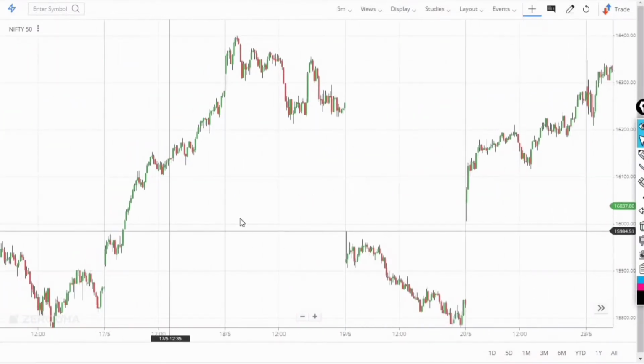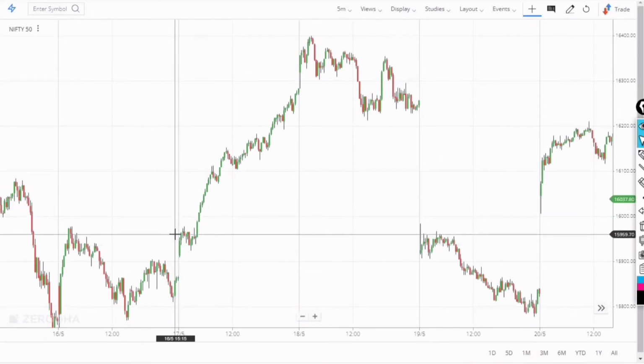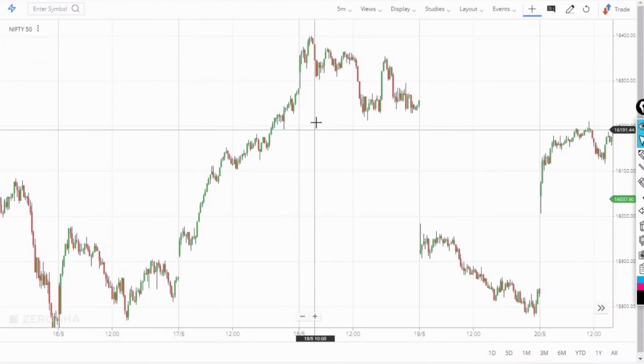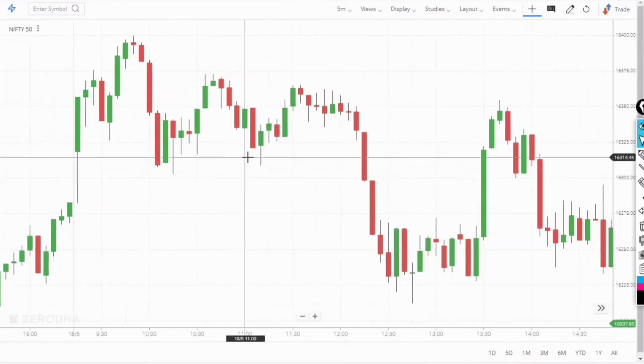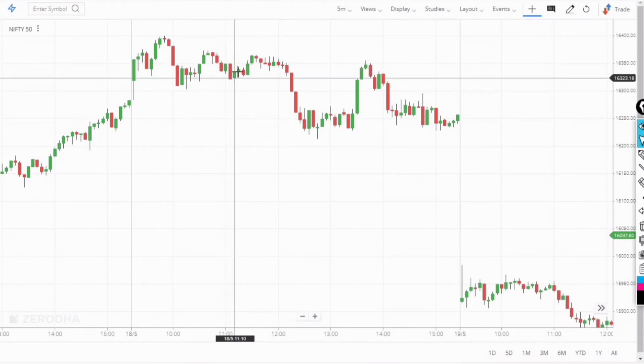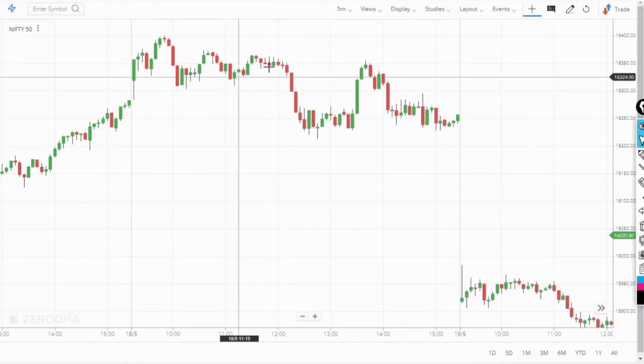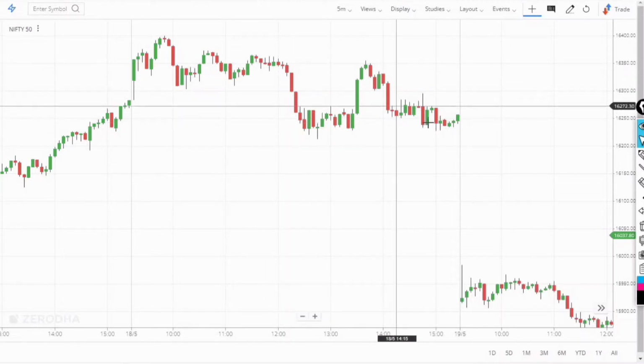So here you can clearly see this is uptrend. Here you can see a little bit of sideways movement is there. Market is neither going upward nor coming downward. This is sideways movement.